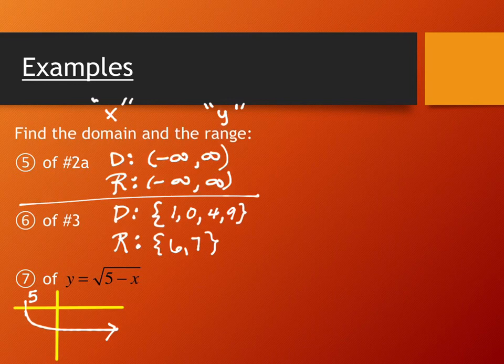We can work to the right. If we do, we would see that our domain gives us values that are starting at 5. And x can equal 5 because if I put it into the equation, 5 minus 5 is 0, and the square root of 0 is 0. That's fine. And as I keep walking to the right, I can continue walking to the right indefinitely.